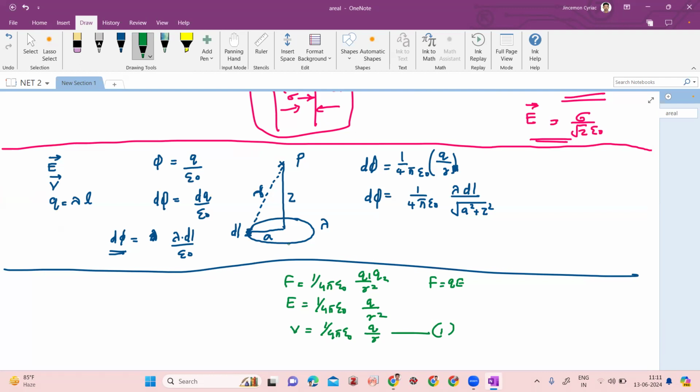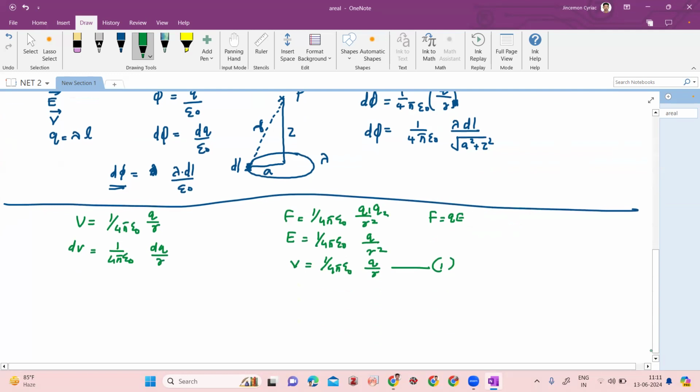Then V is equal to 1 by 4 pi epsilon 0 q by r, dV is equal to 1 by 4 pi epsilon 0 dq by r, or dV is equal to 1 by 4 pi epsilon 0 lambda dl by r, where r is equal to root of a square plus z square. I think it is very simple.